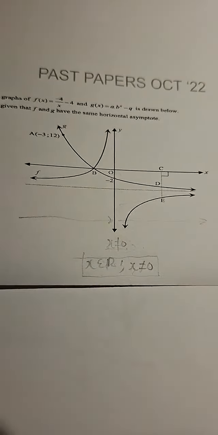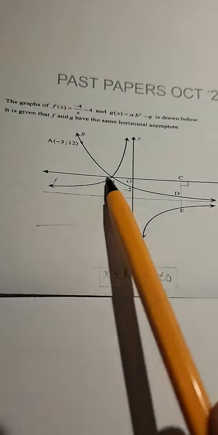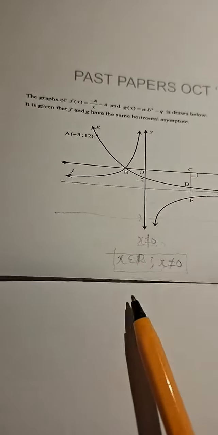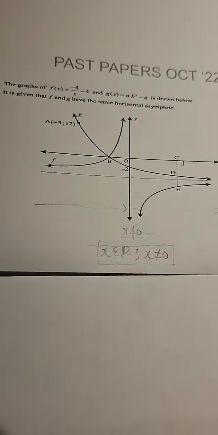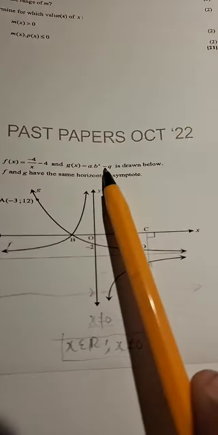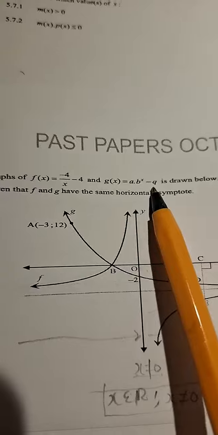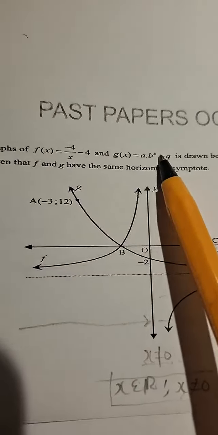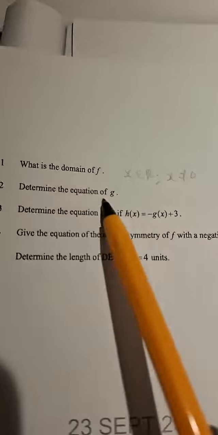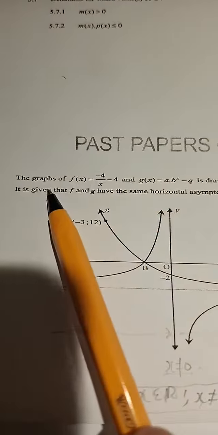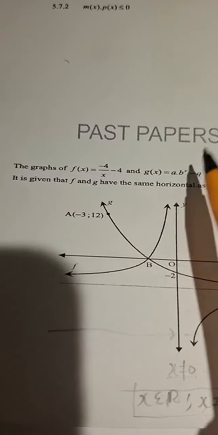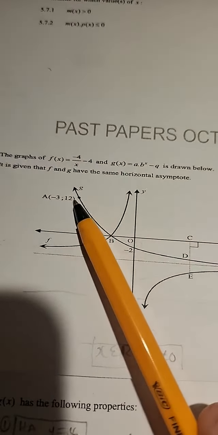Then we are told that q is the horizontal asymptote, so we know the equation of the horizontal asymptote. Guys, you can see it, because if that is negative 4, we are told that f and g have the same horizontal asymptote. So the equation of this dotted line, the horizontal asymptote, should be, I'm sure you know what the equation is.